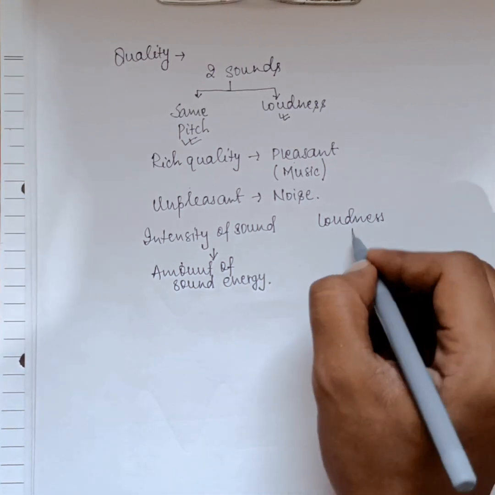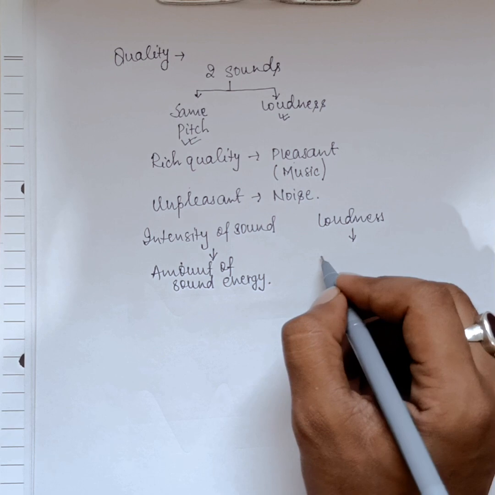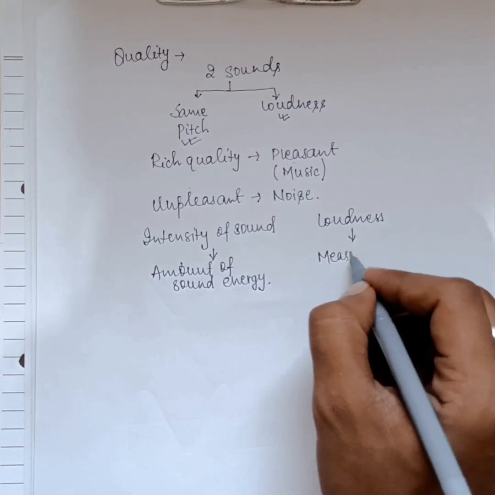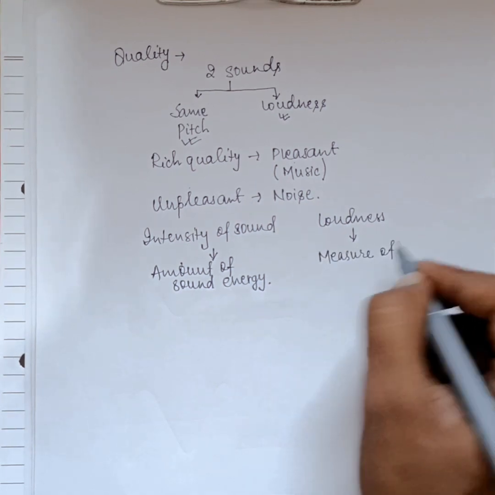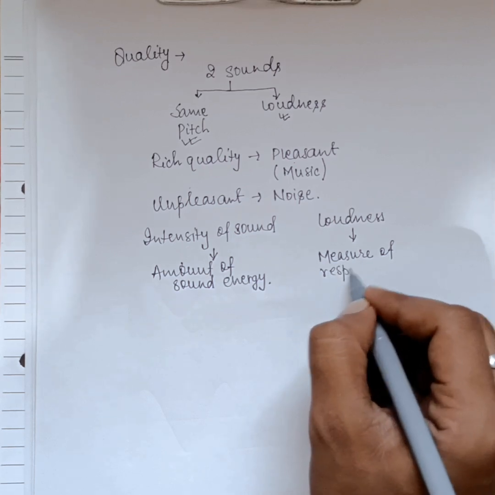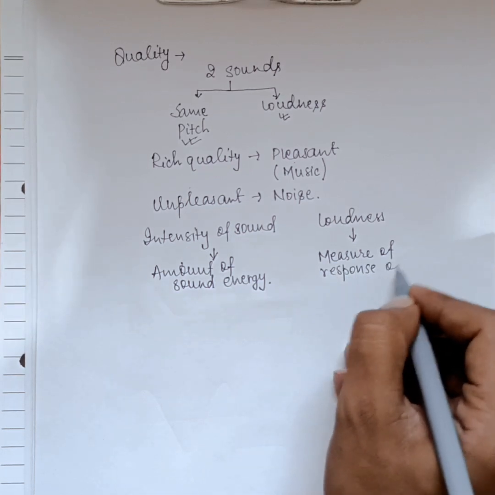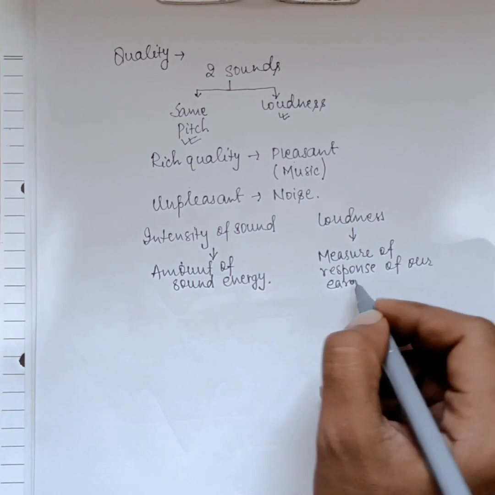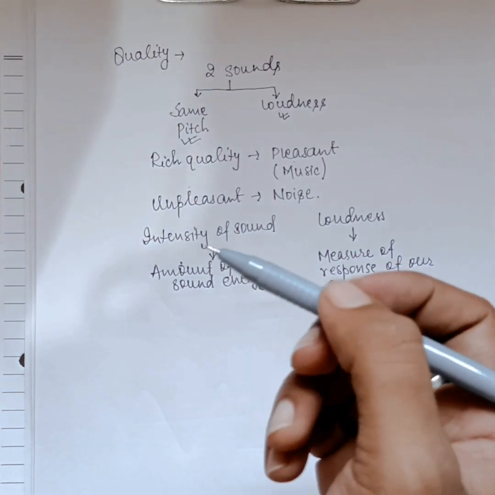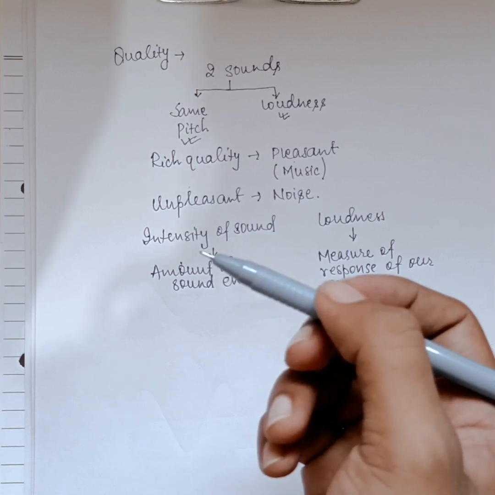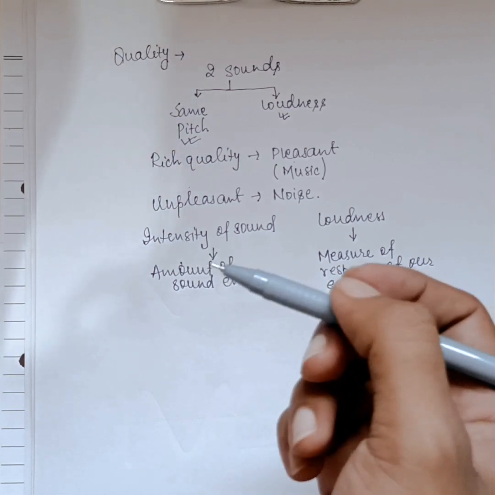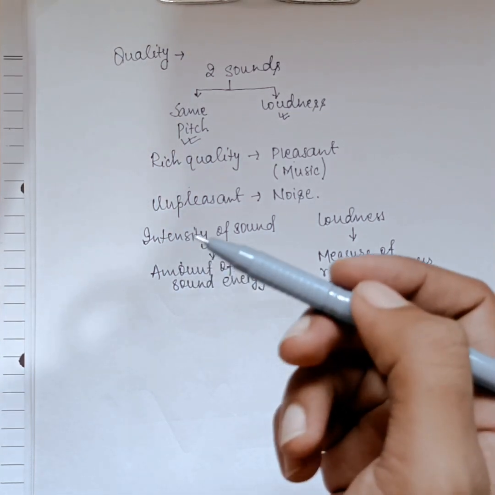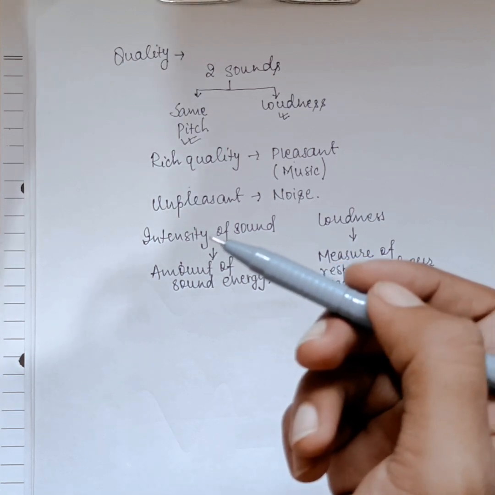And loudness is nothing other than the measure of the response of our ear. Like, if someone is standing in front of me, he might consider the sound louder. If someone is standing away from me, he might consider the sound softer.